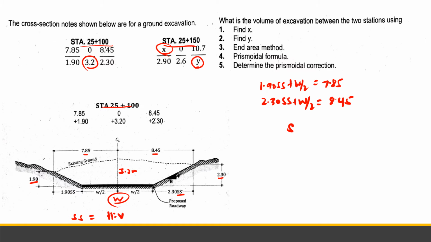So we'll find that the side slope is equal to 1.5 is to 1. So this is the height and this is the horizontal and vertical, and then W is equal to 10 meters. So this is the side slope and the width of the bottom section.